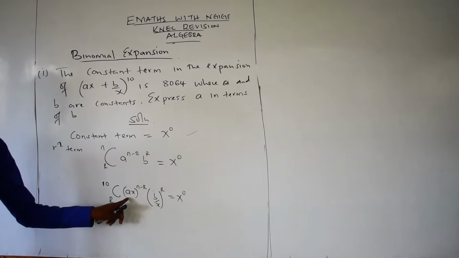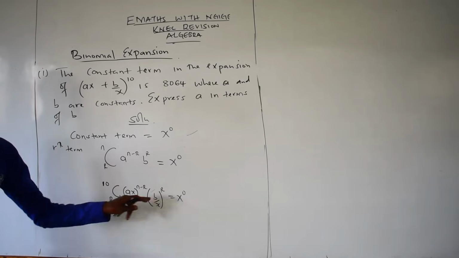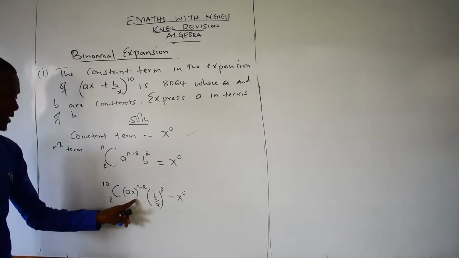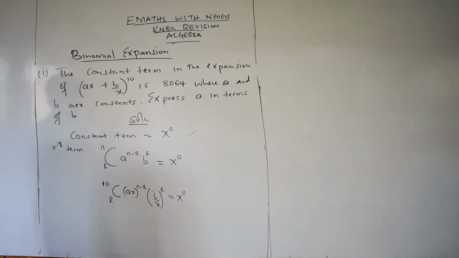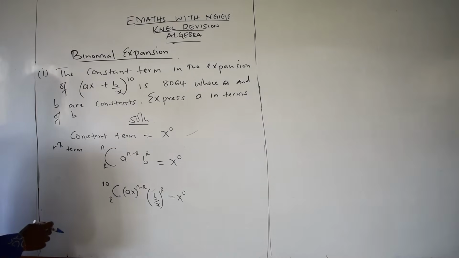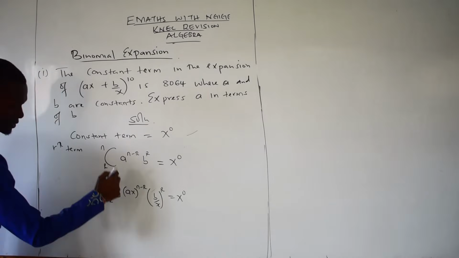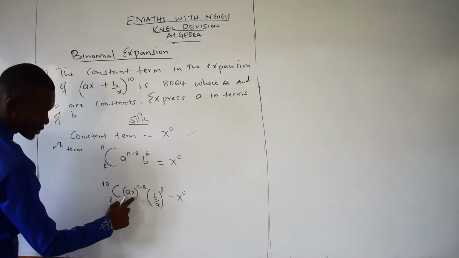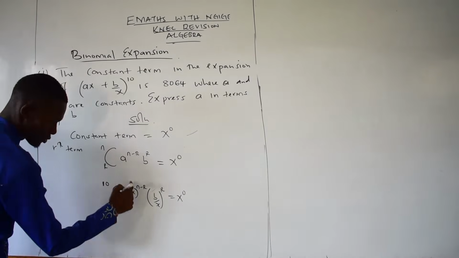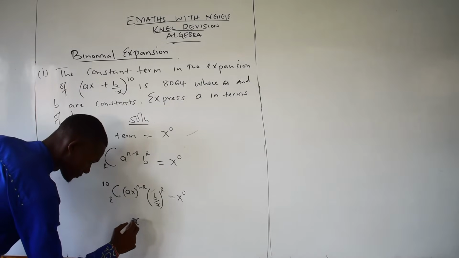Now, remember a and b are constants. So in whichever position the term is, it is not dependent on these constants, but it is dependent on the x alone. Now, for us to find the term in which the constant occurs, we take our values only with respect to x.